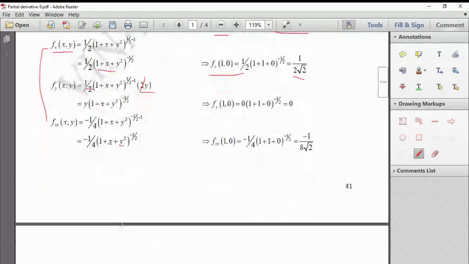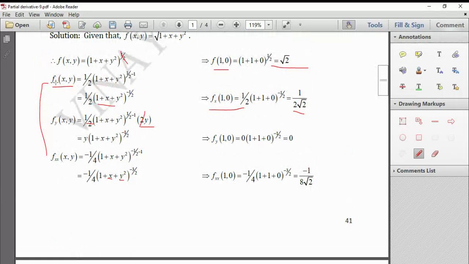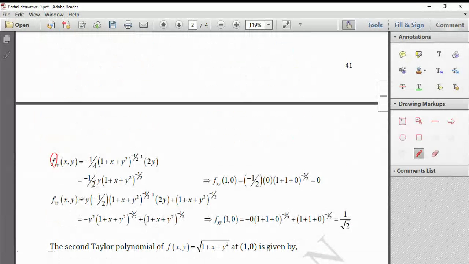Next, we need fxy. How to find fxy? So first we have to differentiate with respect to x. Then we have to differentiate with respect to y. Already we have found the derivative of f with respect to x. So differentiate this with respect to y. Half is constant. Minus half comes here. So half into minus 1 by 2 is minus 1 by 4 into (1 plus x plus y square) whole to the power of minus half minus 1.